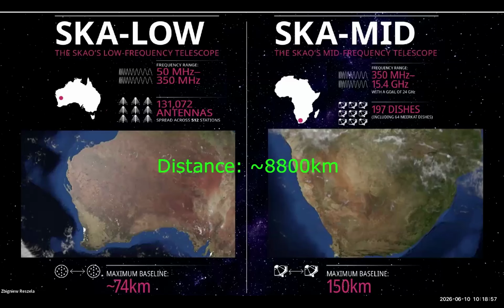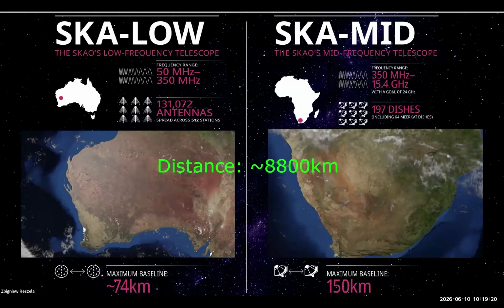We have a telescope. We have two telescopes, right? What I want to point out here: the distance between the two telescopes is roughly 9,000 kilometers. That's a flight of, let's say, 8 hours. And we try to actually combine these two telescopes to observe potentially the same targets.